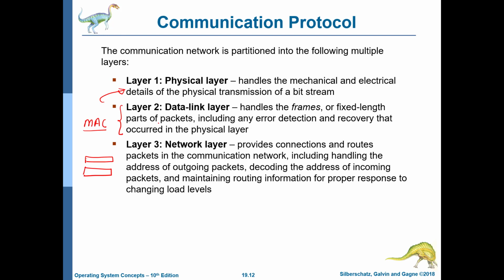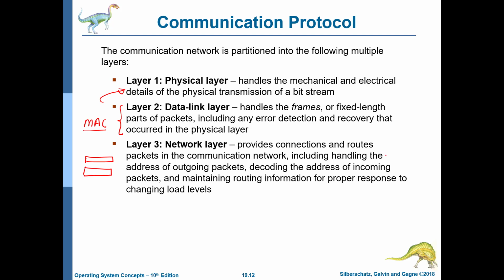There will be some errors, mainly because of network noise and so on, so some zeros will become 1 and some ones will become a 0. In that case, our job is to detect the changes and then perform error recovery. Once that is done, between the data link layer and the network layer, we are at least sure that the packets are correct.